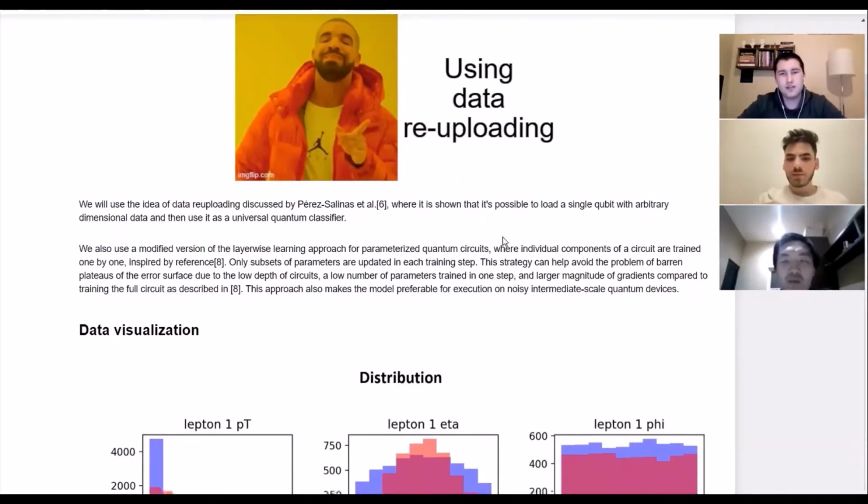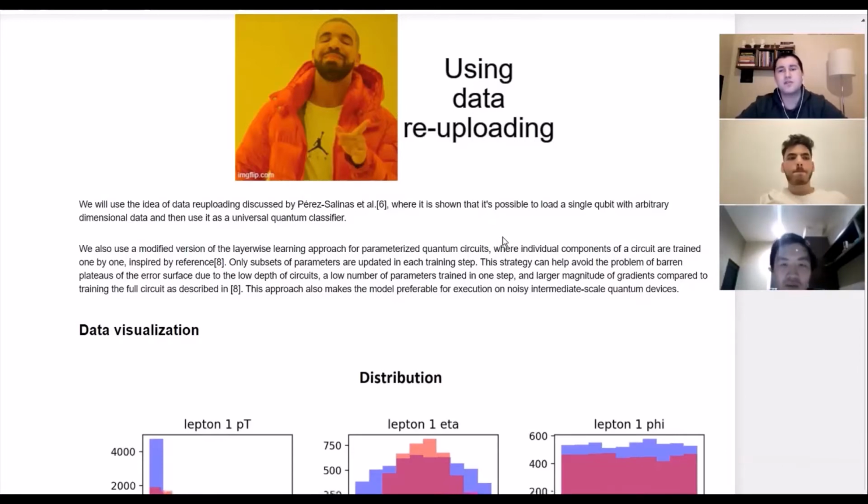Besides the reuploading technique, we have also used a modified version of the layerwise learning approach for parametrized quantum circuits, where individual components of the circuits are trained one by one, inspired by reference article number 8, where only a subset of parameters is updated in each training step.